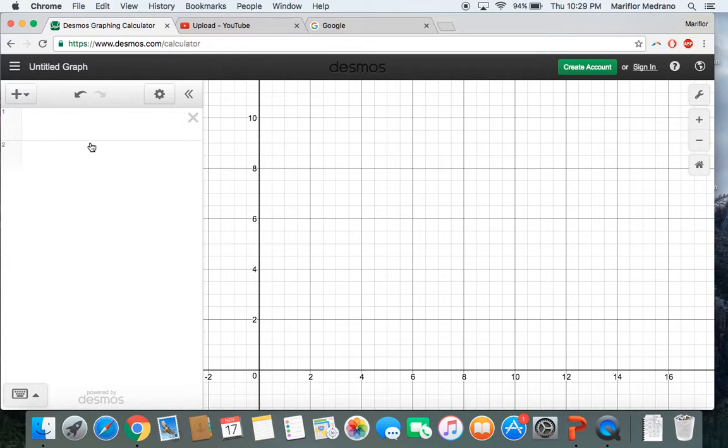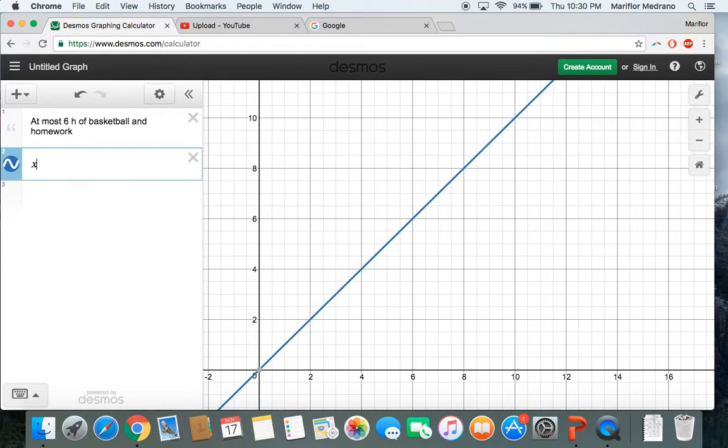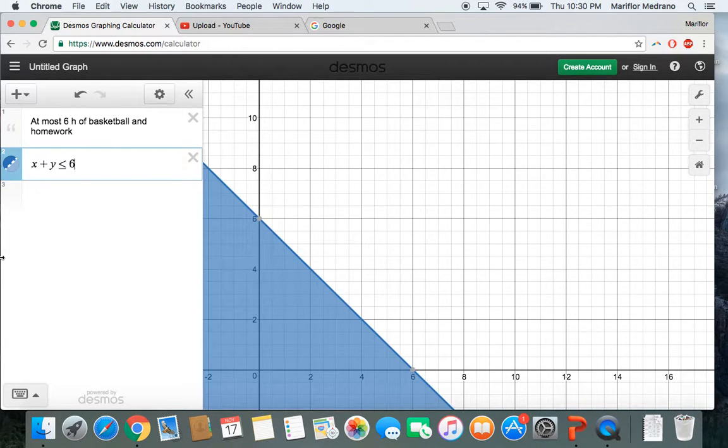Sometimes it's helpful to add a note to what we're writing so that we remember what we did. So: at most 6 hours of basketball and homework. And the inequality was x plus y is less than or equal to, so I wrote the less than symbol, then I'm pressing the equal sign, 6.